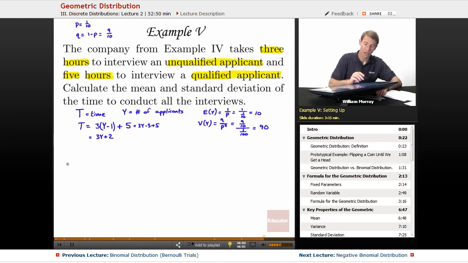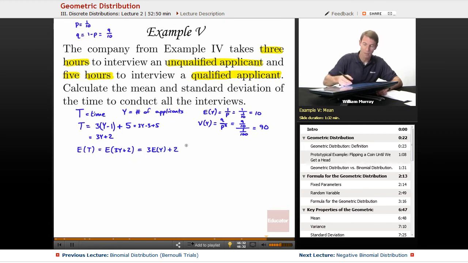Now, what we really want is the mean and standard deviation of T. So let me go ahead and figure those out for T. We want the expected value of T, but T was 3y plus 2. And it's time to remember some properties of expectation. In particular, expectation is linear. So we can write this as 3 times E of y plus 2.